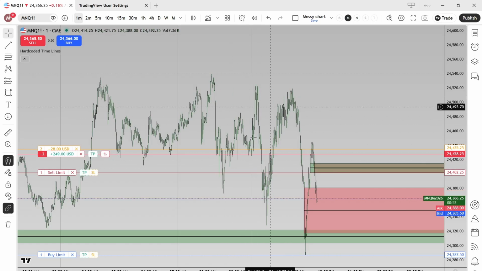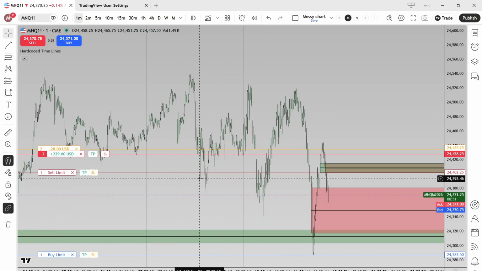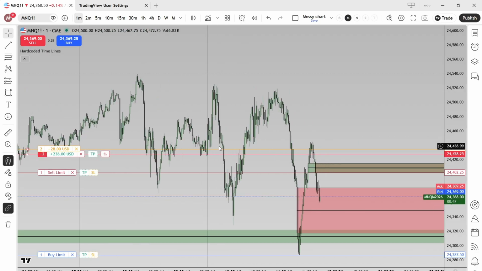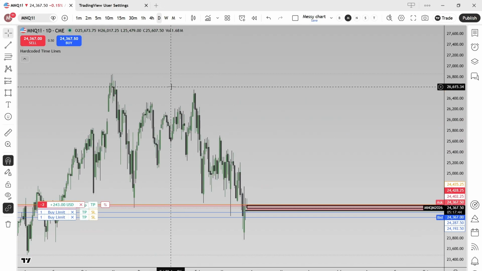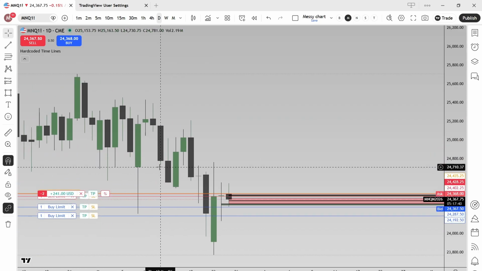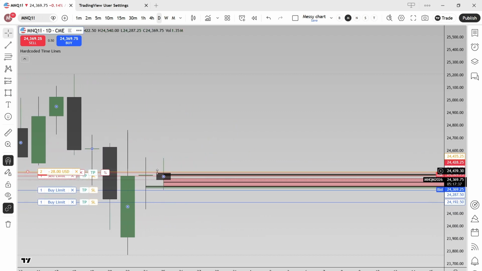Lots of range bound consolidation. I'm not really a fan of this price action. But here I'm looking for it to dip down and really go lower.